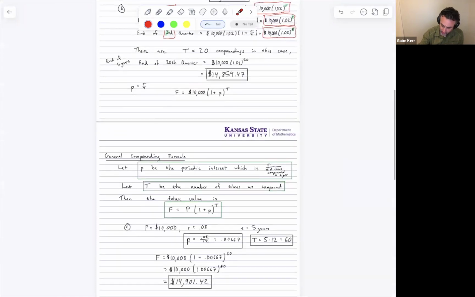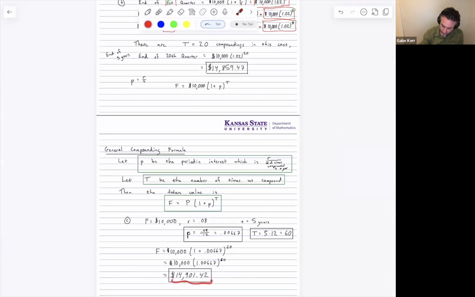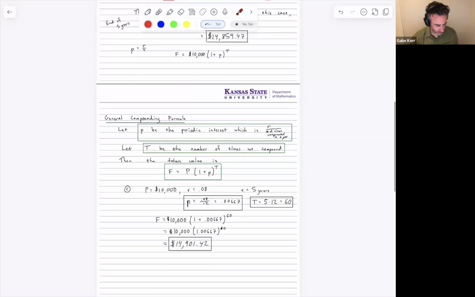And then compounding monthly gives us another bump to 14,901. So as we compound more and more, we get a higher and higher amount on our CD. So if you have your APR the same for a single investment, look at the number of times it's compounded. If it's compounded monthly, that's preferable to compounding quarterly or annually, certainly. So that's something to keep in mind.